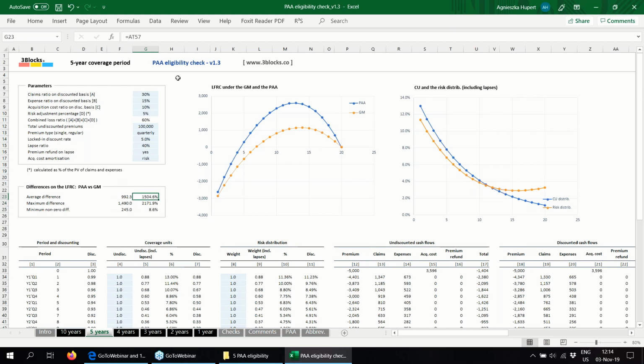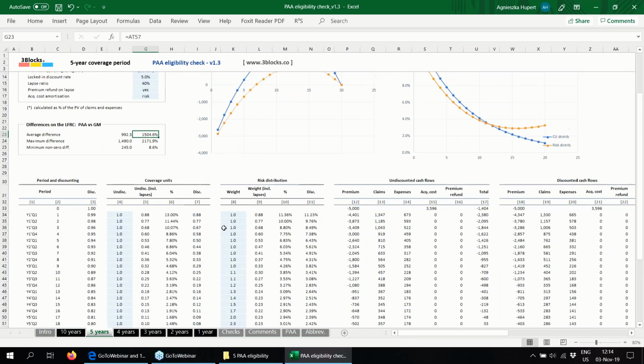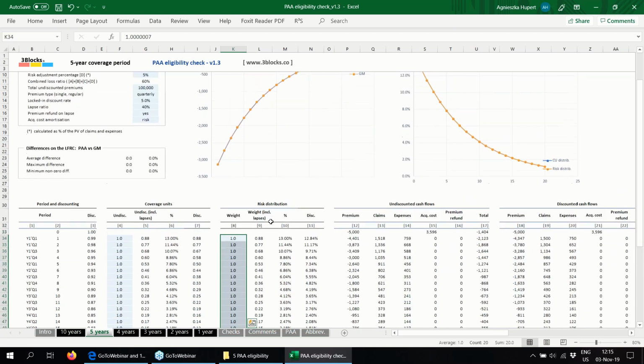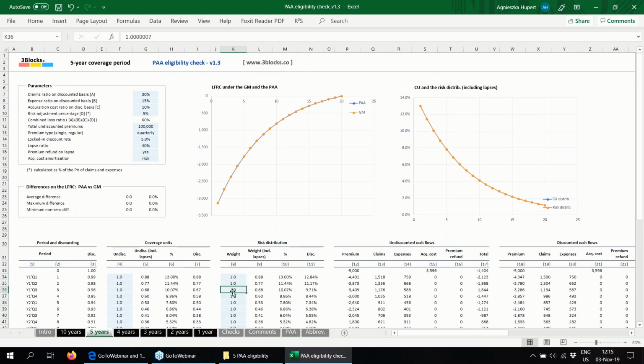Okay, and now let's align the way CSM is released and the PAA reserve is released and see what happens in this kind of real life calculation. So let's do the fixed risk distribution, the even one. This is the same as we did in the theoretical example, the first example, where Alex showed that there is no difference between the two measurement models.